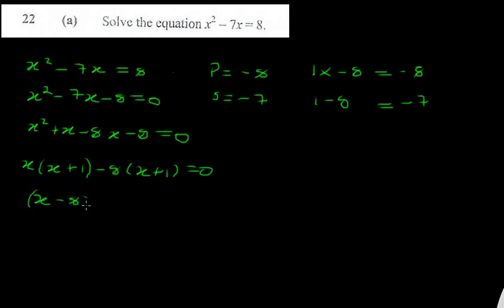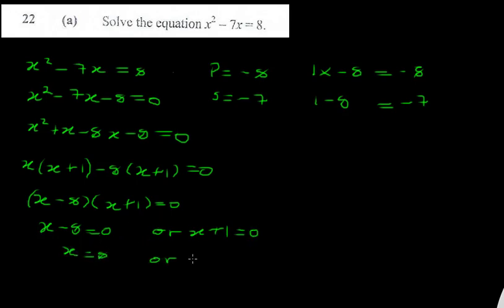We will have x minus 8 multiplied by x plus 1 equals 0. So x minus 8 equals 0, or x plus 1 equals 0. So x equals 8 or x equals negative 1. And therefore, that is how we solve that equation.